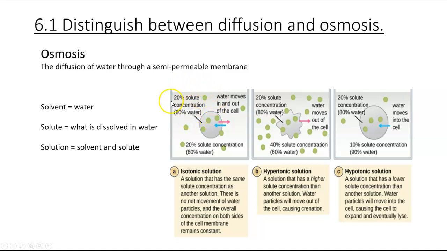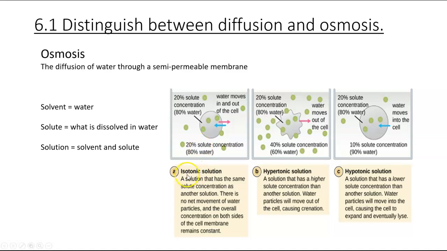If we bring this to 100%, that means we have 80% water in there. In this picture, the little green dots are the solute, like the sugar. Now this cell was placed in a solution containing 20% sugar, solute, and 80% water. The inside of the cell and the outside of the cell had the same concentration. They've got the same solution.